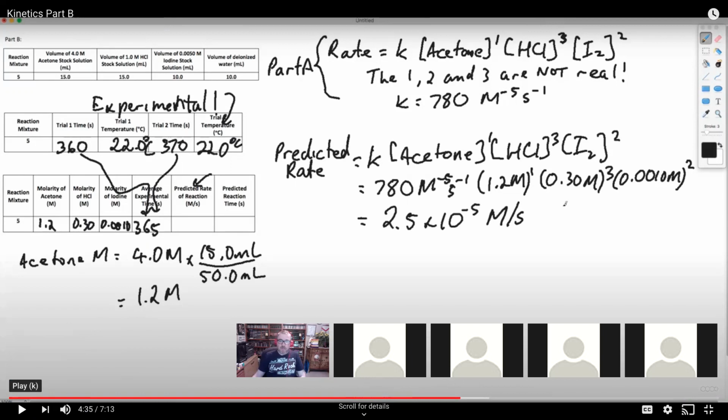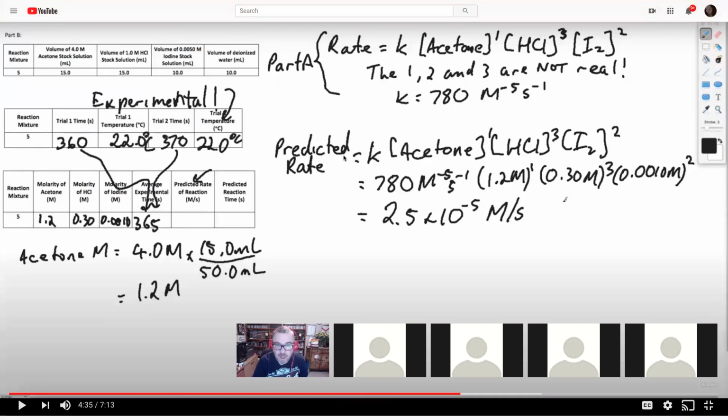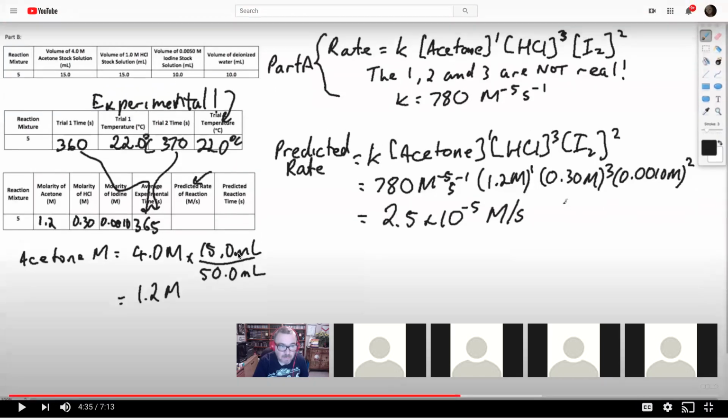So this predicted rate here is based on the actual times that are in part B in the data. And again, I don't know what times we came up with for any of that in the actual data. I just made up times here to put in here. So we have the molarities, which are worked out in the same way that we did for the first part, part A. And then we've got the time that you get from the data.